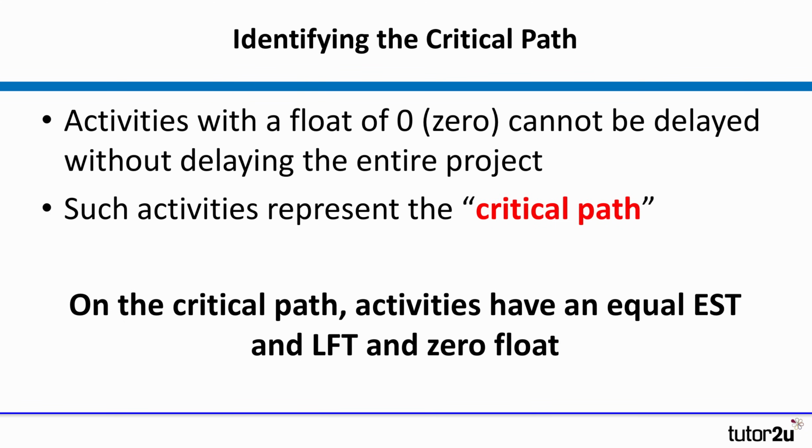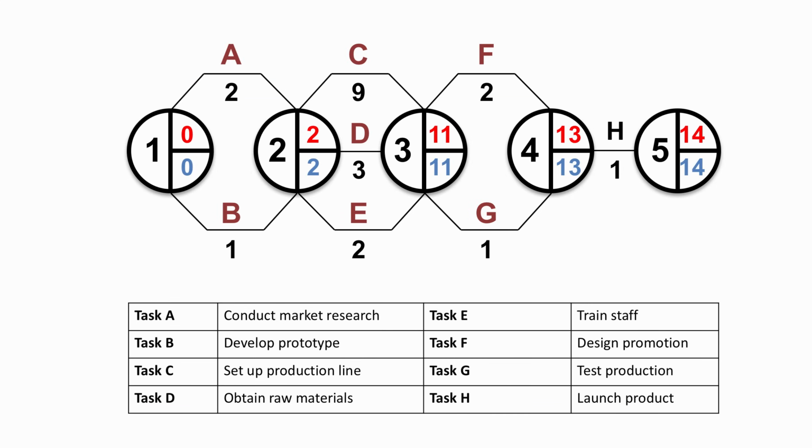So just a reminder, activities with a float of 0 cannot be delayed. If they are delayed, they will delay the whole project, and therefore activities with a float of 0 are on and represent the critical path, and they're often marked by a short double line there to identify, particularly in complex network diagrams, what the critical path is.